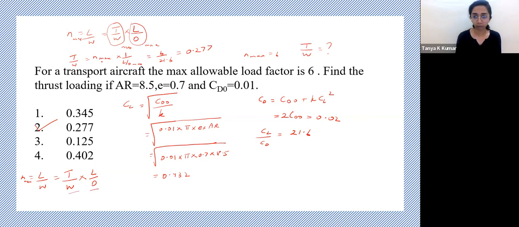So ideally, the question should have said find the maximum thrust loading, because for maximum allowable load factor, you have maximum thrust loading. You also have L by D max. L by D max corresponds to CL value of root of CD naught by K. So you substitute that ratio here. You already have your N maximum and you can find out the thrust to weight. So this question should have said find the maximum thrust loading.